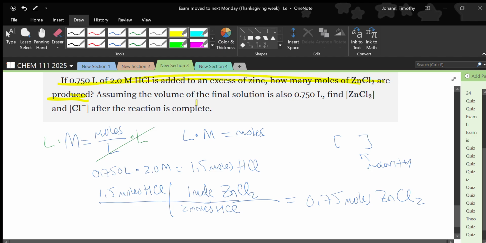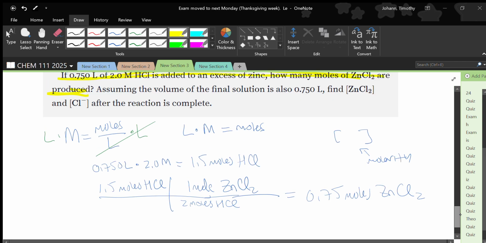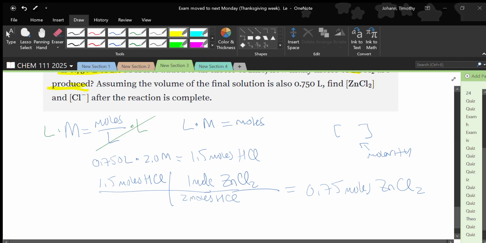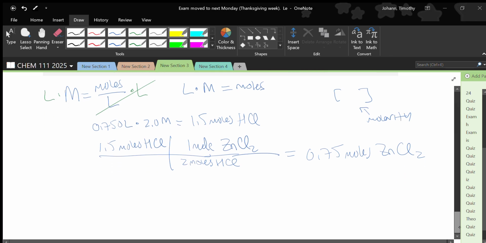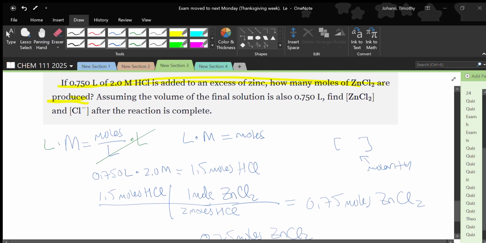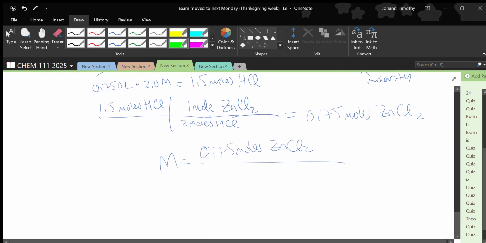Then the second part is assuming the volume is 0.75 liters, so the volume didn't change. What's the molarity here? It looks like it's going to be 1, but let's go ahead and solve it. We have 0.75 liters and 0.75 moles. Molarity is equal to 0.75 moles of zinc chloride in a solution of 0.75 liters.